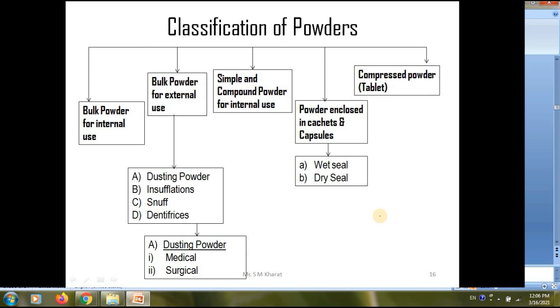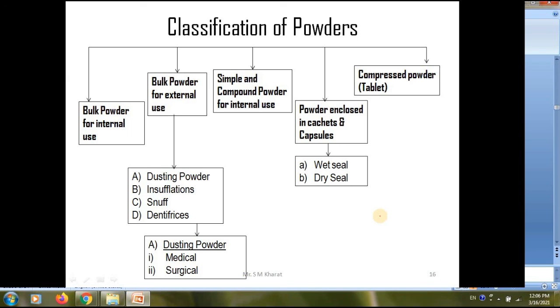Next, the most important part: the classification of powder. There may be a question in the examination as a long answer: classify the powder and explain in detail.